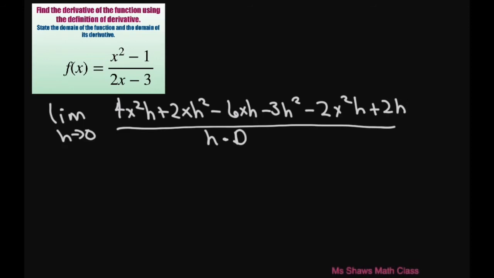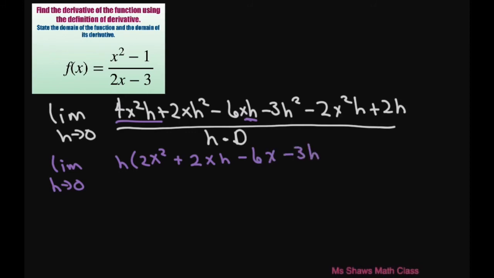So the next step is just to factor out an h, because we have h here. So we can write this as the limit as h approaches 0 of h times 2x squared plus 2xh minus 6x minus 3h plus 2.